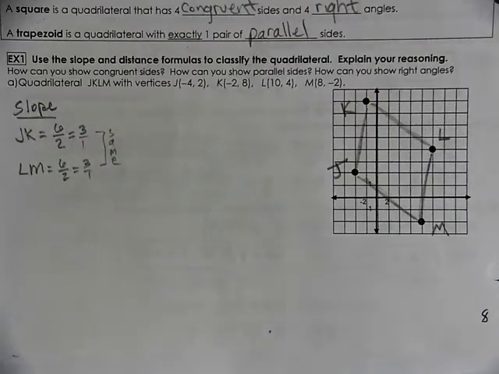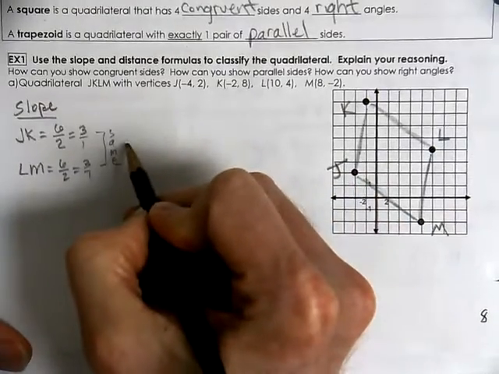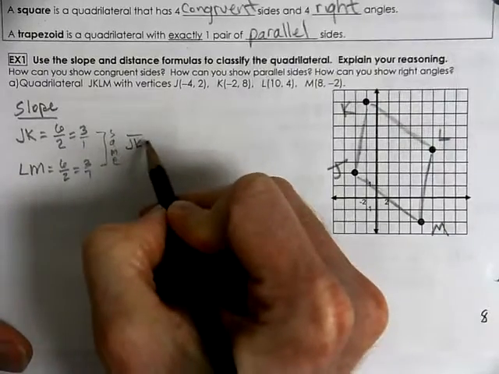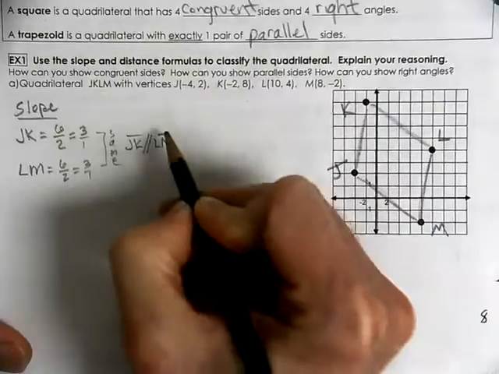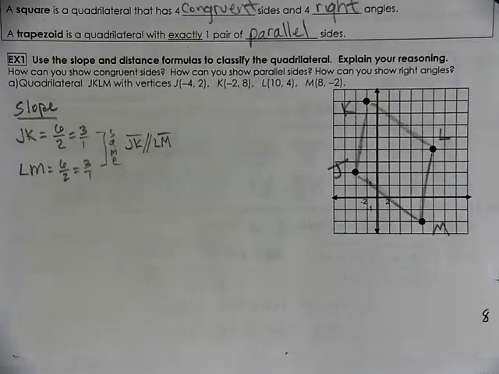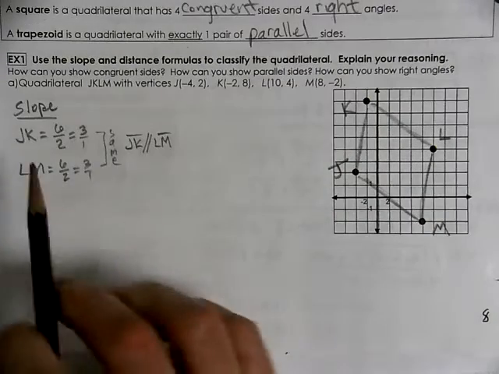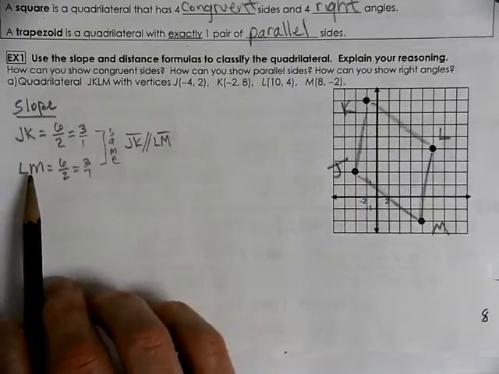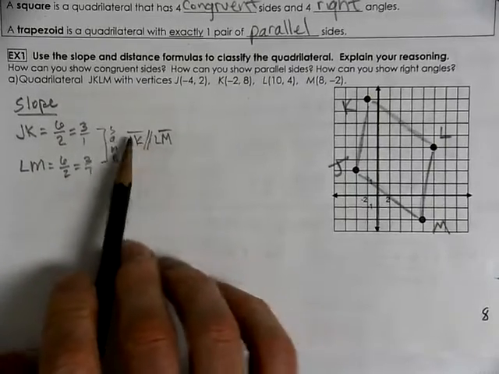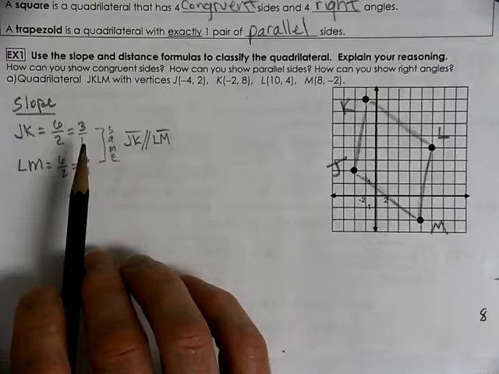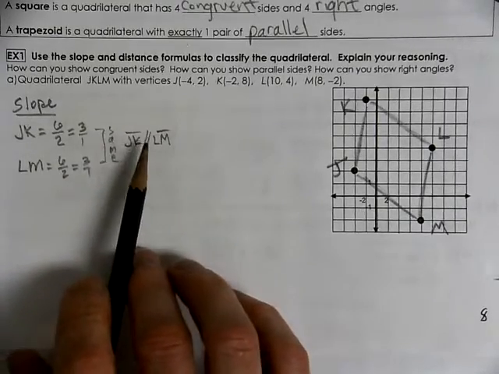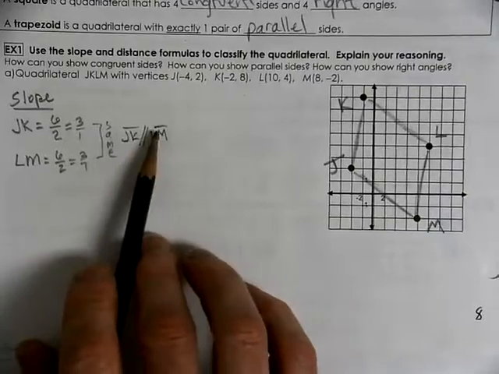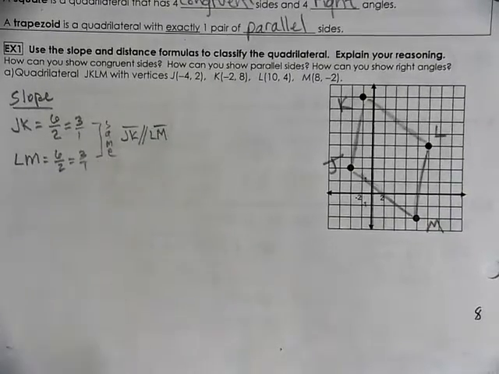If those are the same, then we know that JK is parallel to LM. Notice I do not use the line when we're using equal signs, but when we're just talking about the segment being congruent or the segment being parallel or even perpendicular, there we do use the line above the name.